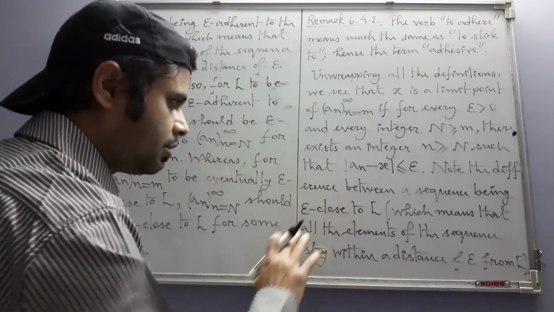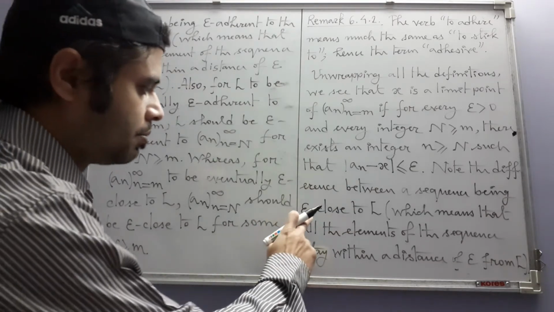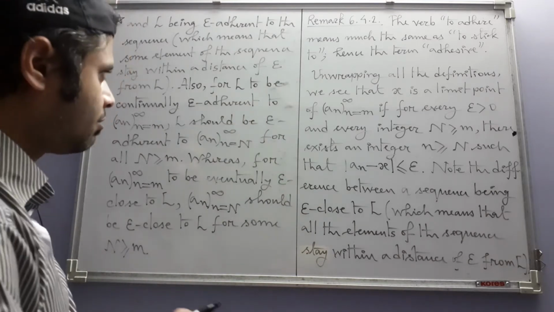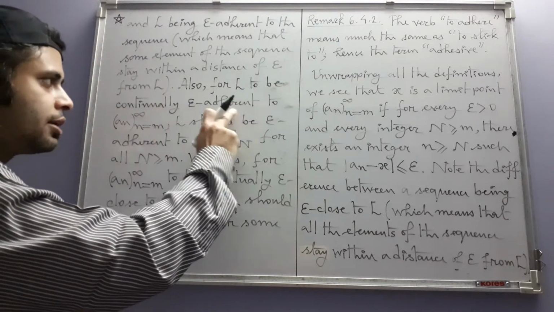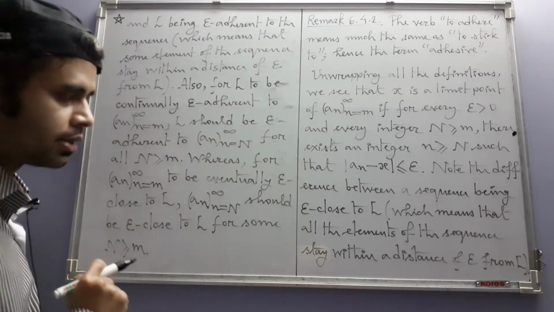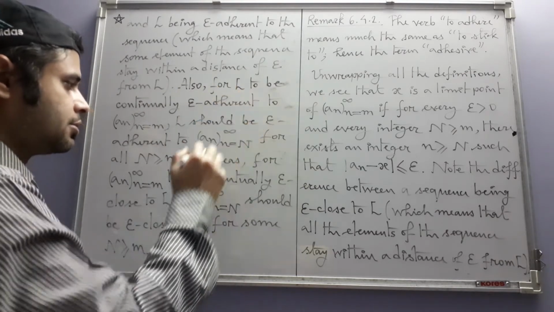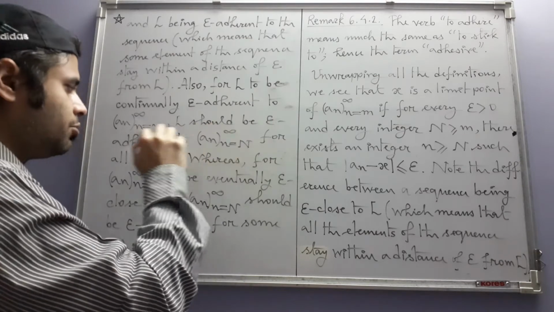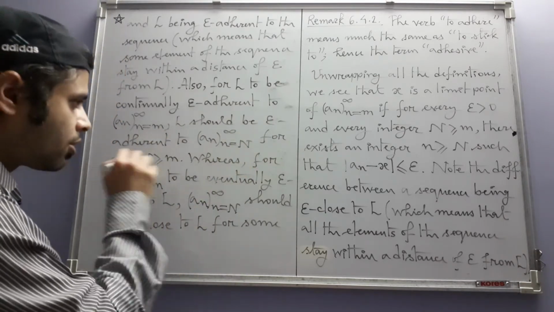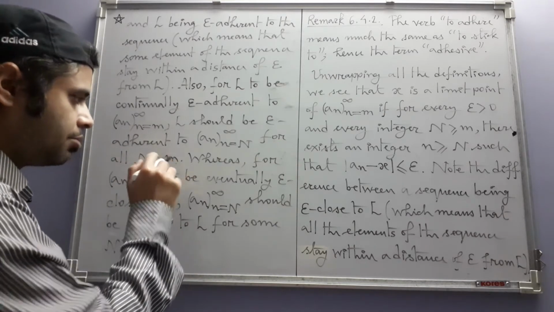Whereas for epsilon closeness of an entire sequence to a real number, that same condition should be true for all. However, when we come to continual epsilon adherence and correspondingly eventual epsilon closeness, then in case of continual epsilon adherence, L should be epsilon adherent to these sequences for all n greater than or equal to m.